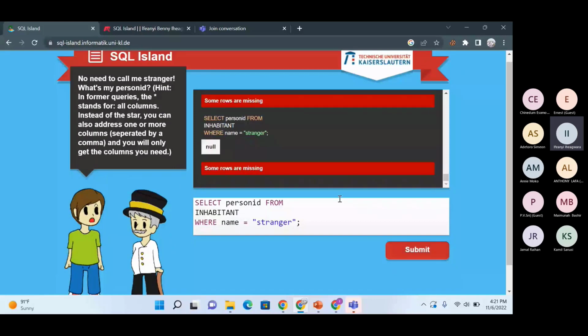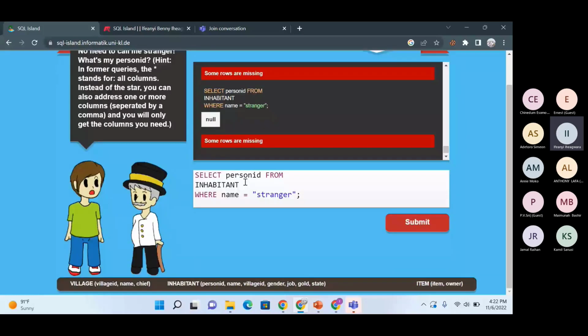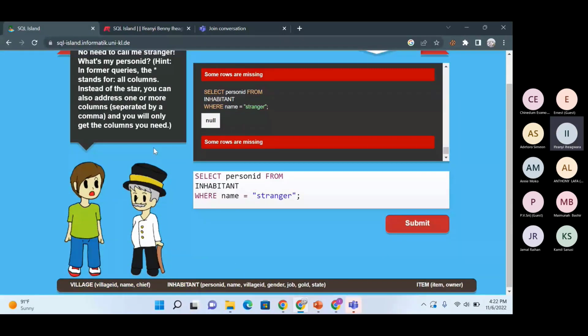At the moment it can't find this query, so we check the spelling. Person ID from inhabitant where the name is equal to stranger. Then we find out what's wrong.